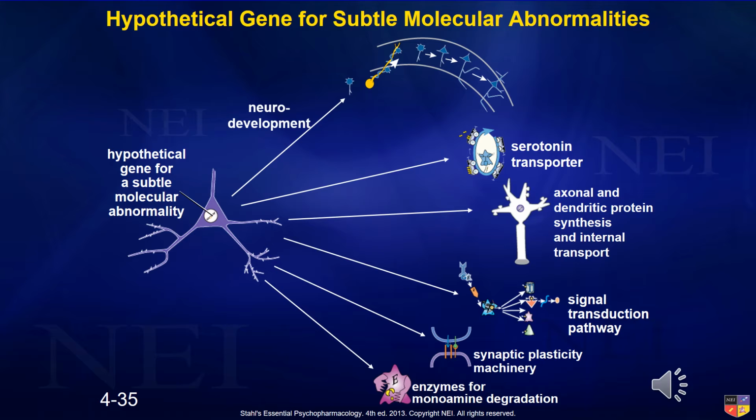This is a very complex process and things could go wrong anywhere in there, or going down farther in synaptic plasticity machinery, or even worse, there could be something wrong at the bottom with the enzymes, the monoamine enzyme and the catechol-O-methyltransferase COMT enzyme. So lots of things that could go wrong.